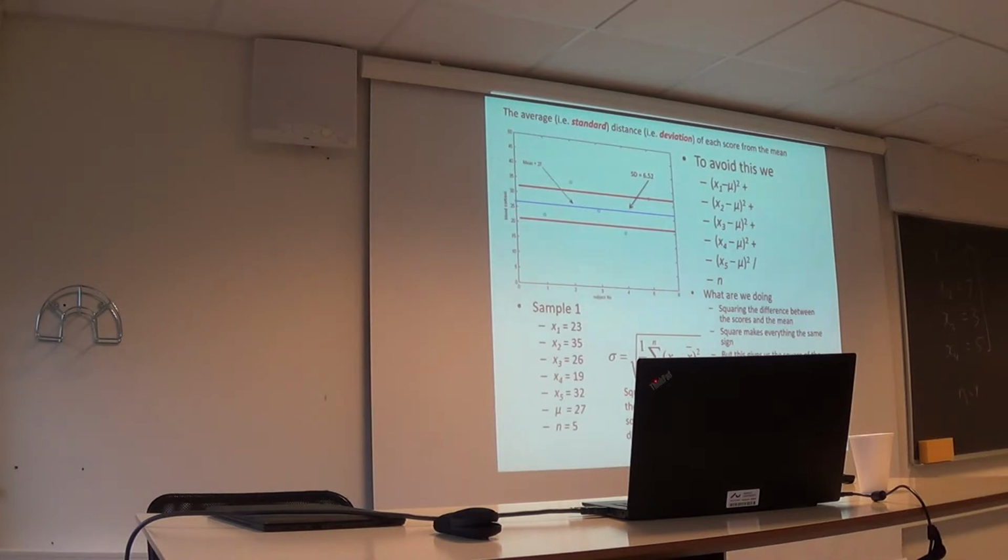Okay, so let's say then that we've got our 4 data points again, and that these are our scores, and the average is 5. Okay, so this is our setup. And we've got our standard deviation equation.